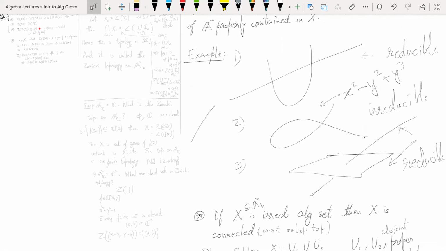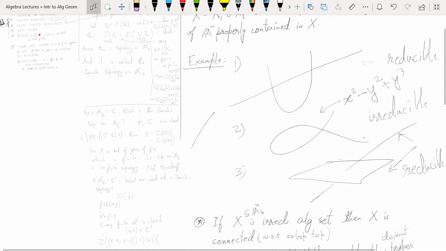So the first thing to note is that if X is an irreducible algebraic set, then X is connected. For instance, in picture 2, you can see it is connected. In fact, all of them are connected, but of course you can get algebraic sets which are not. But the converse is not true.